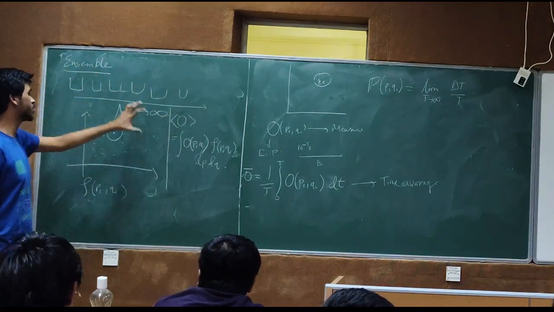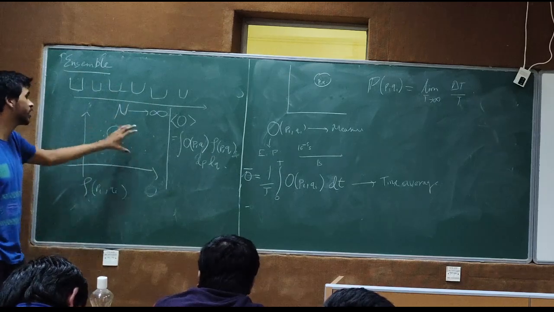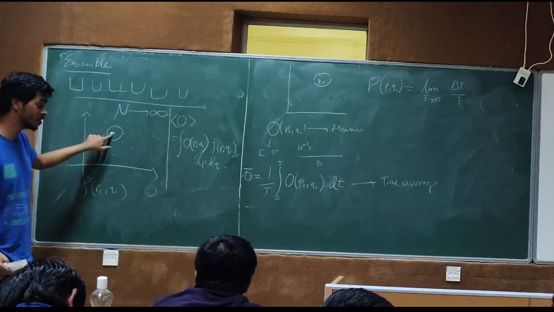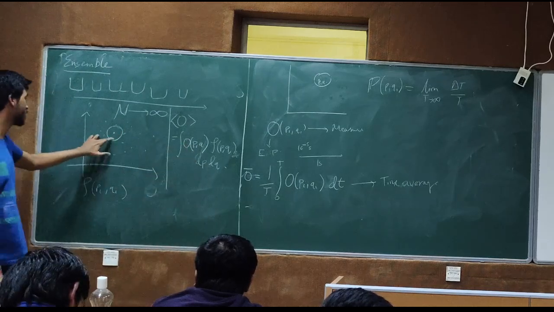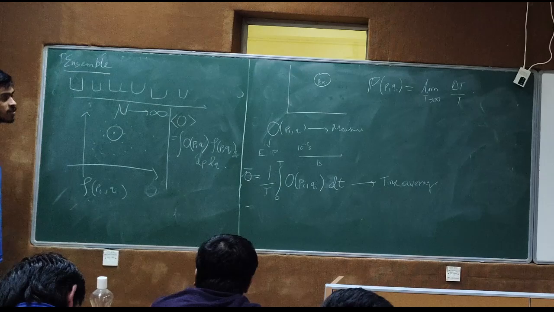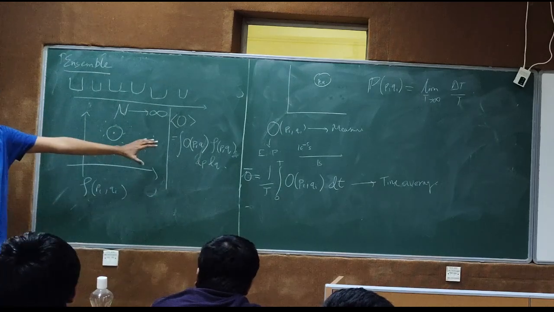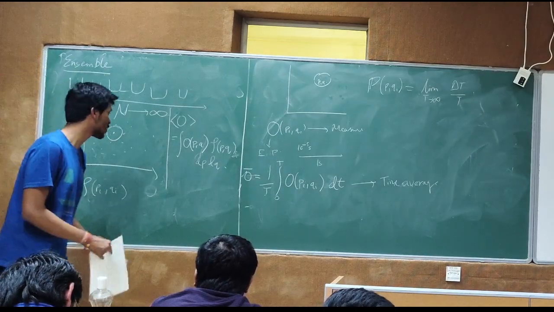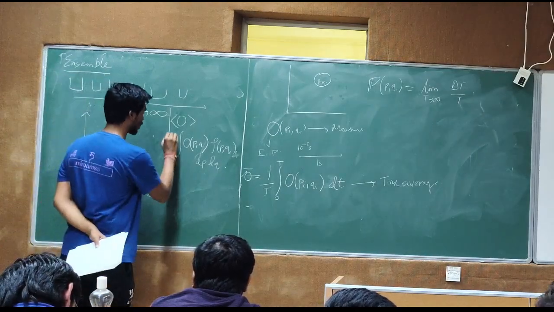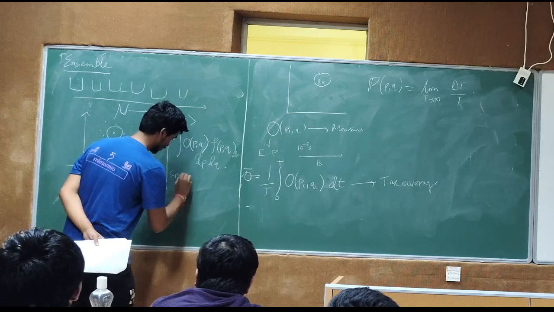You multiply the value of O of P, Q by the density at this point, then integrate over the whole phase space. This would give you an average value. So this is what I call the ensemble average.